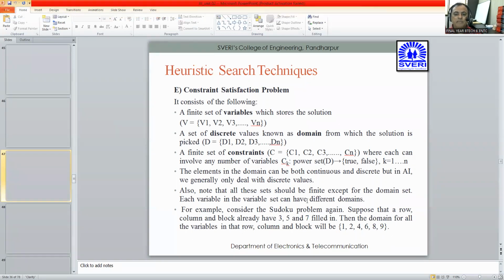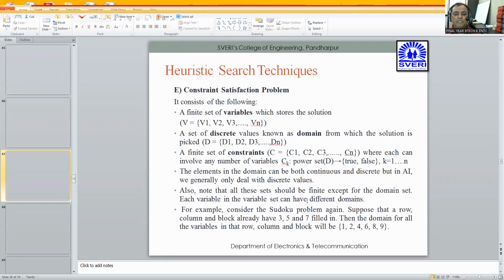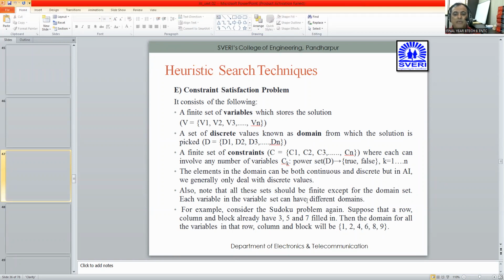Each variable in the variable set can have a different domain. Like in the Sudoku problem, if we see that a row, column and block already have 3, 5, 7 filled, then the domain of the variables will be 1, 2, 4, 6, 8, 9, that is, the remaining values. So in this case, we have a block already, which is 3, 5, 7, and the variables in that row and column will be from 1, 2, 4, 6, 8, 9.